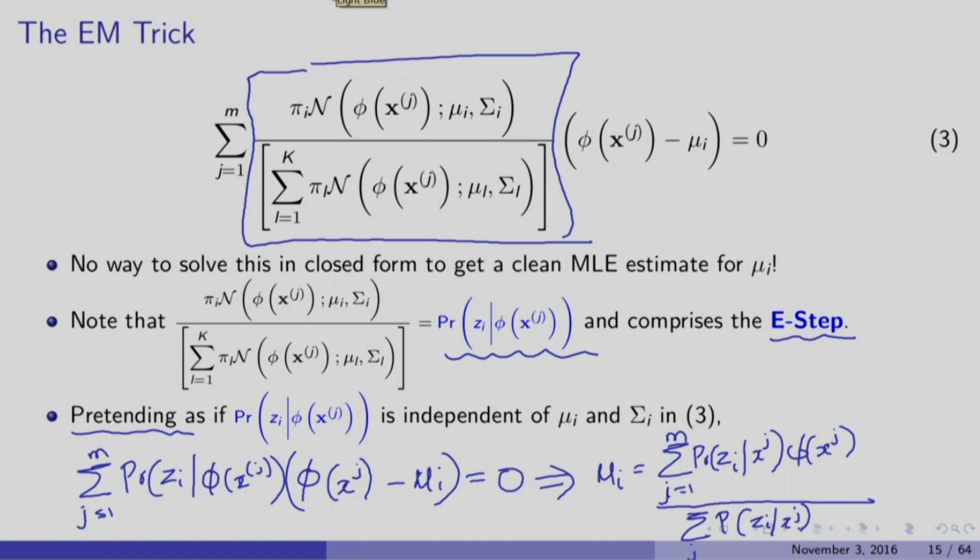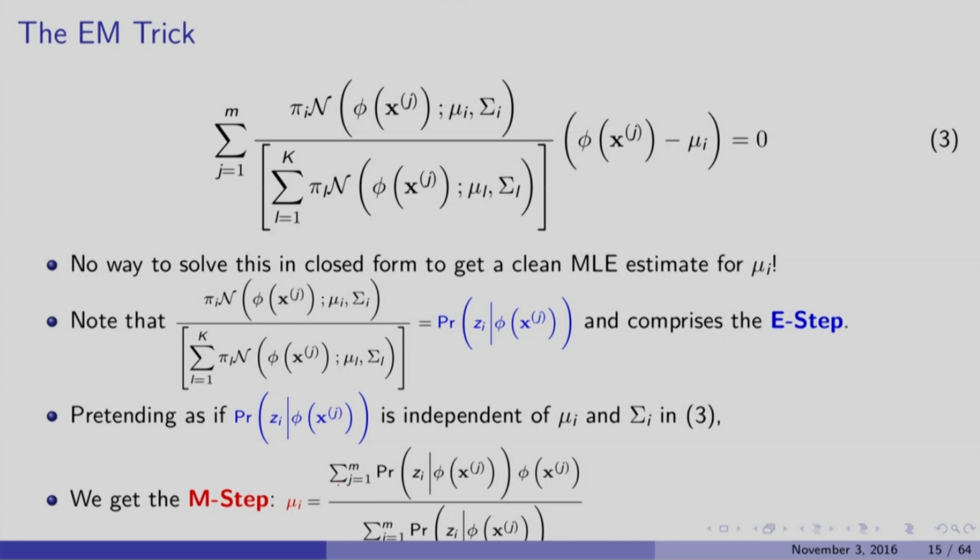So here is where we are. We have the so-called M step in which we have obtained mu I as a weighted combination of the phi's, and the weights are basically coming from memberships that were obtained in another iteration.